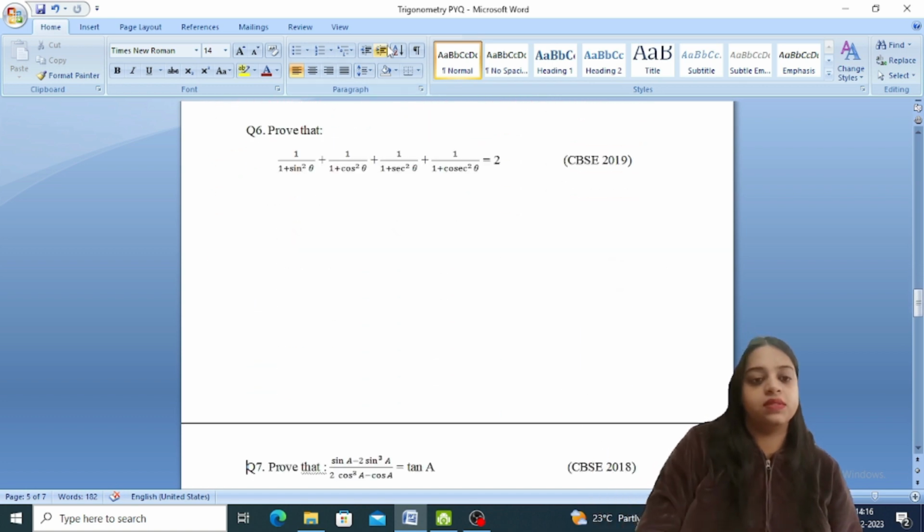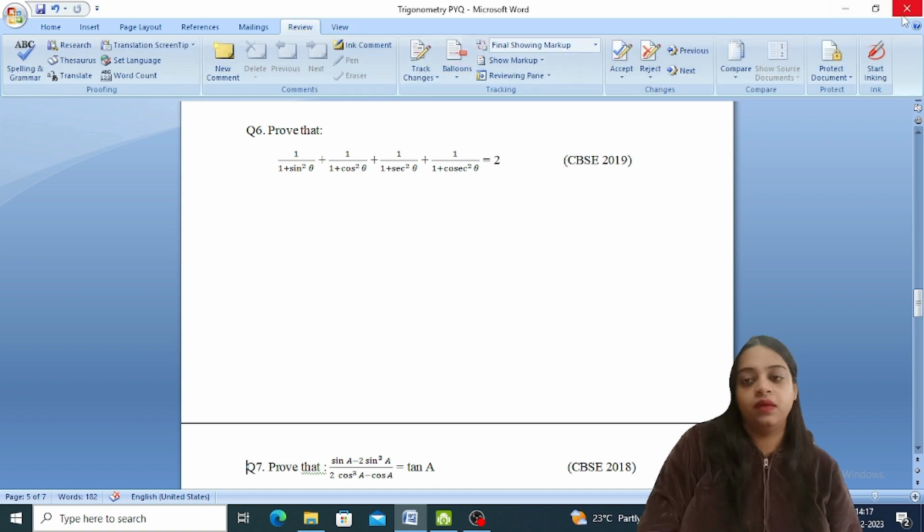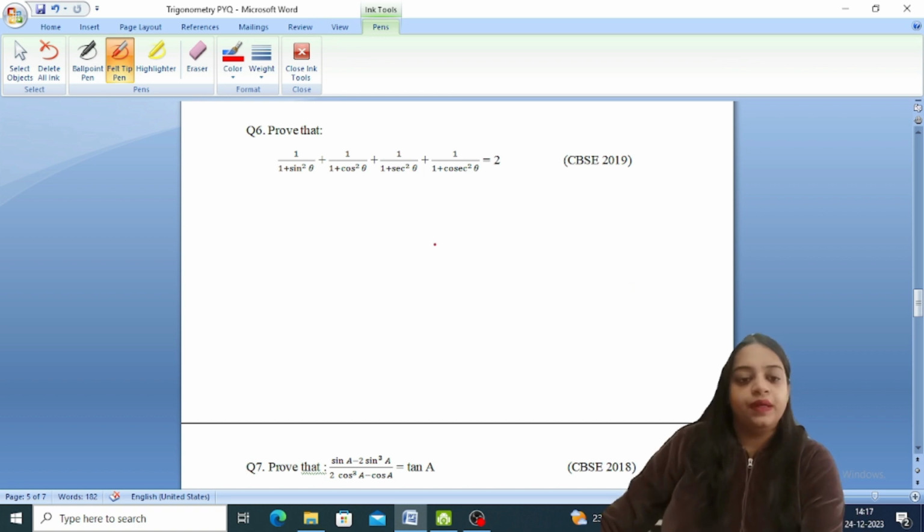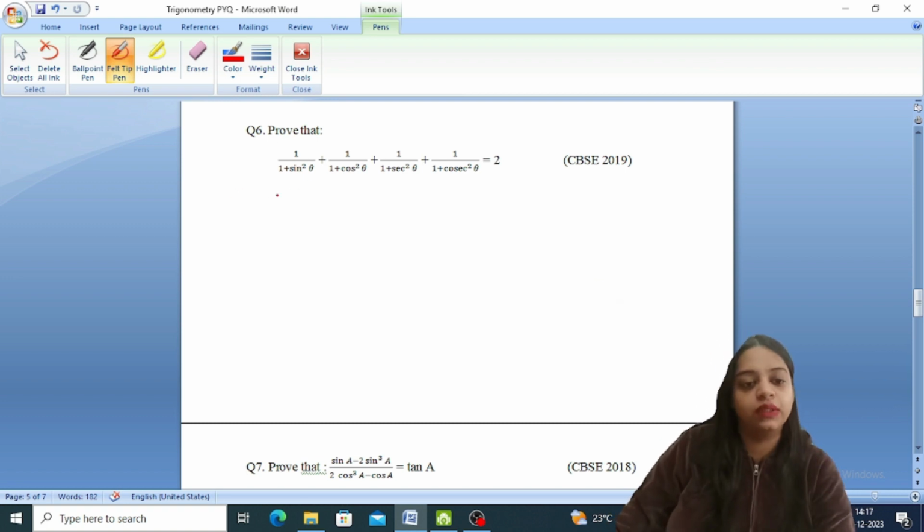Question number 6. It came in the 2019 paper. So you see the left hand side. We will start with the left hand side and prove the right hand side as 2. So this is 1 plus sine square theta, this is 1 plus cos square theta. Secant square theta, we can convert this into cos, and cosecant square theta can be converted into sine square, right?